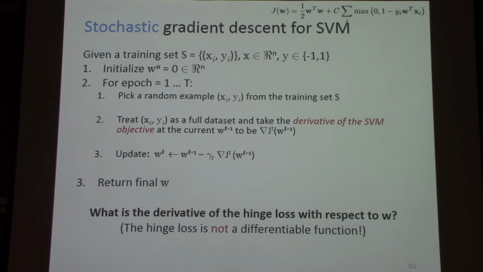The second term is called the empirical loss, which prefers classifiers which make fewer training errors. And so we want to trade off between making fewer training errors and better generalization.